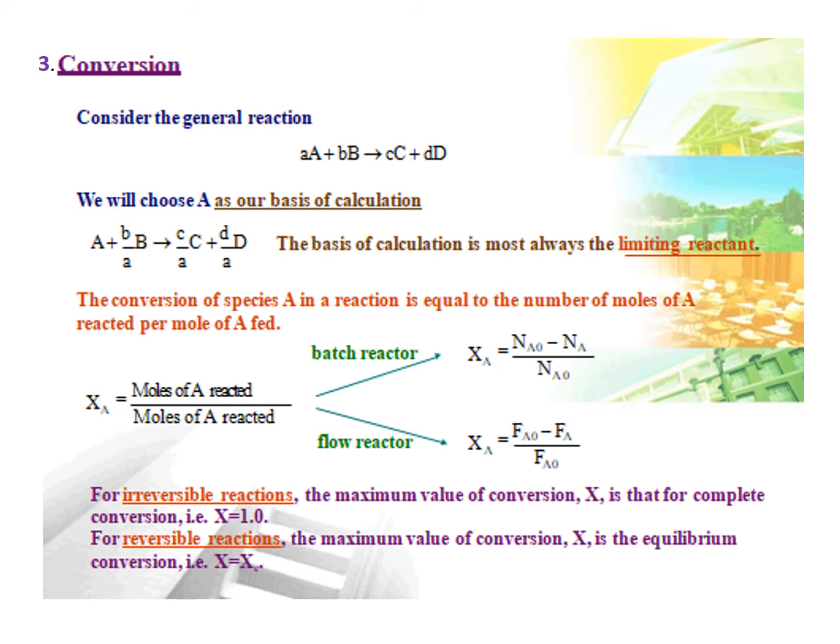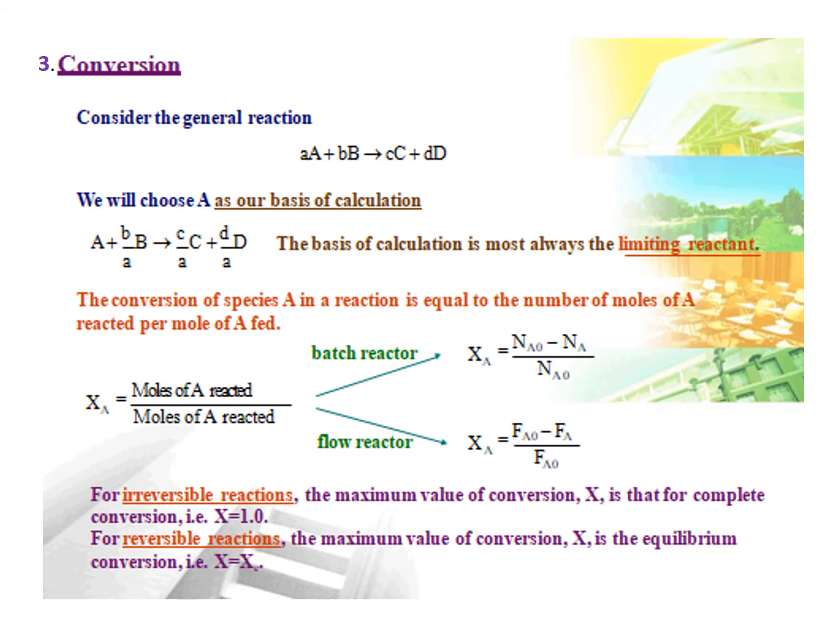Firstly, the conversion of species A in a reaction is equal to the number of moles of A reacted per mole of A in the feed. This is the general formula of XA, the conversion of A, and it applies to a batch reactor or a flow reactor.